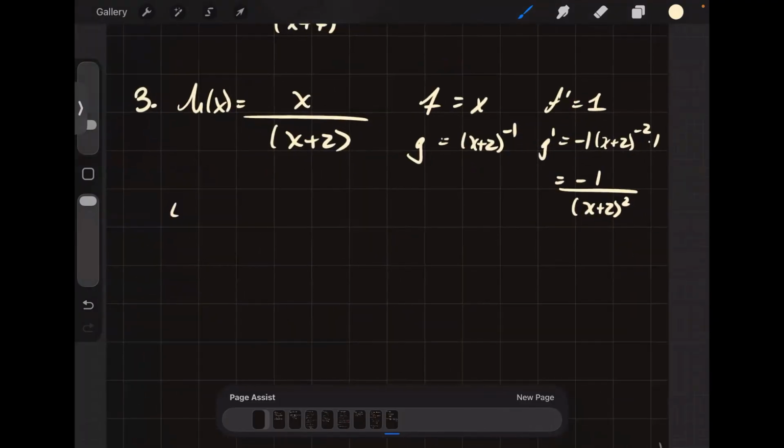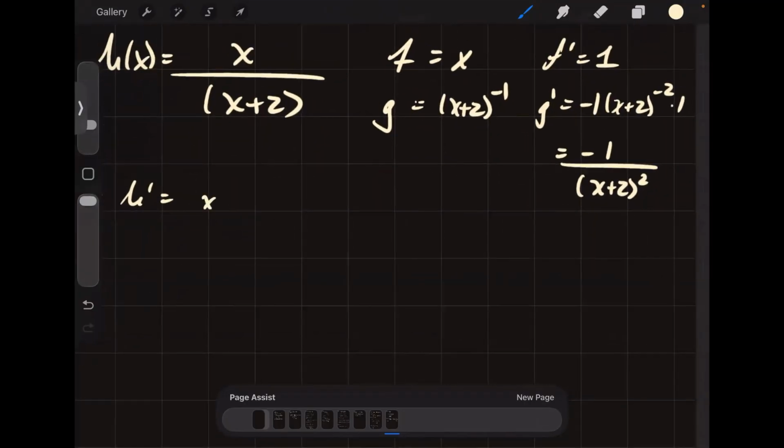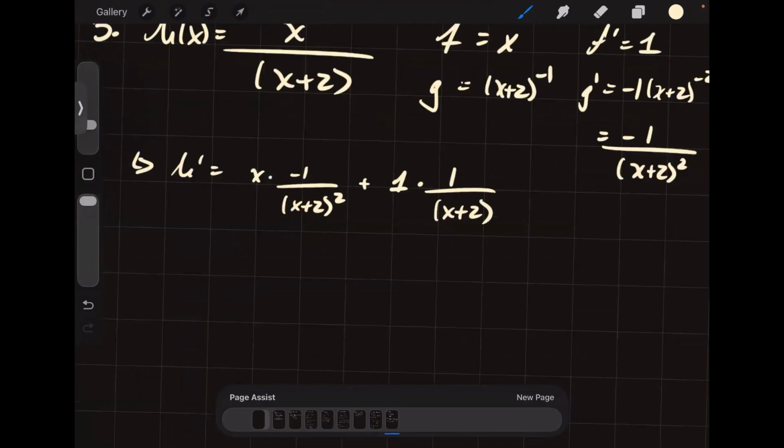And then you just plug it back in. h prime of x is equal to f times g prime, which is going to be x times negative 1 over x plus 2 squared, plus f prime times g, which is going to be 1 over x plus 2, right?